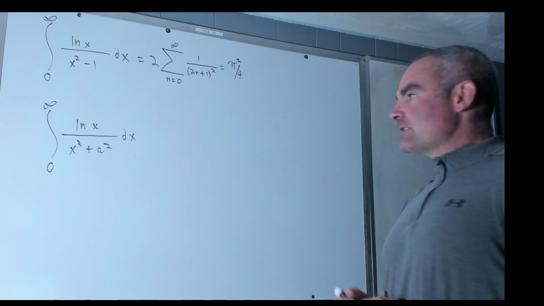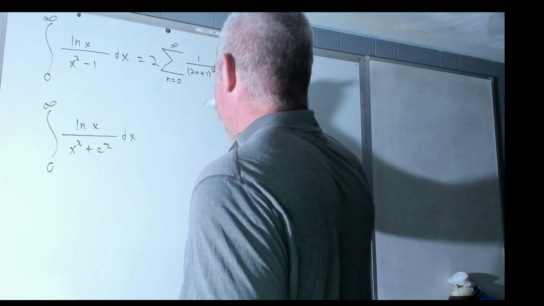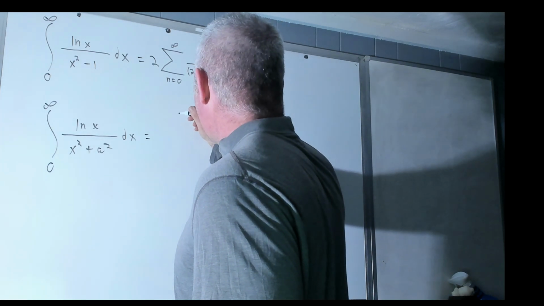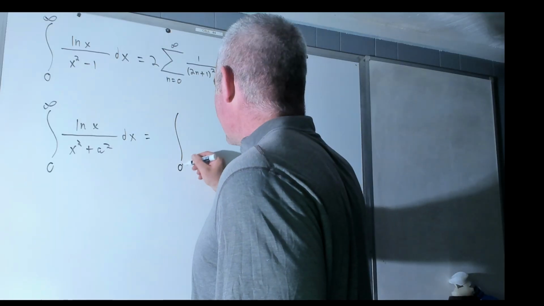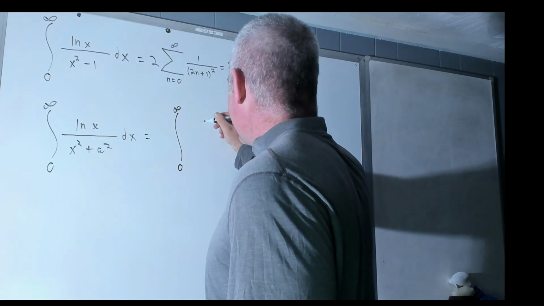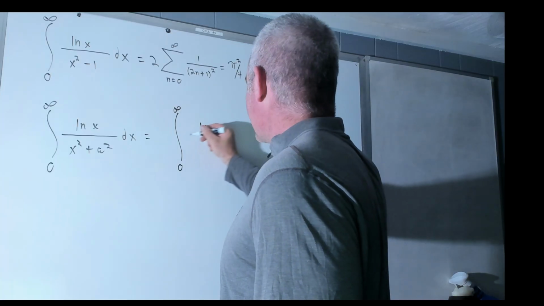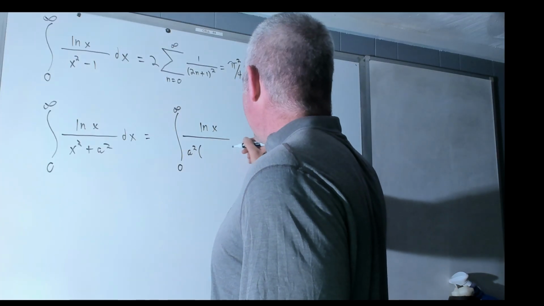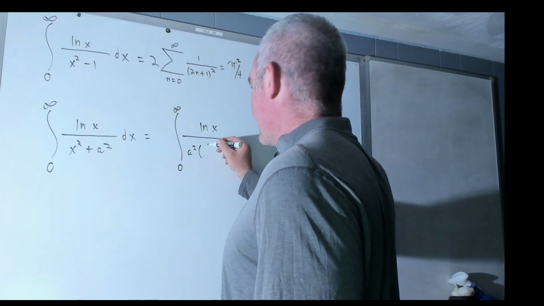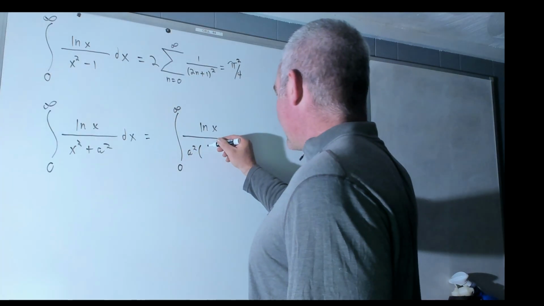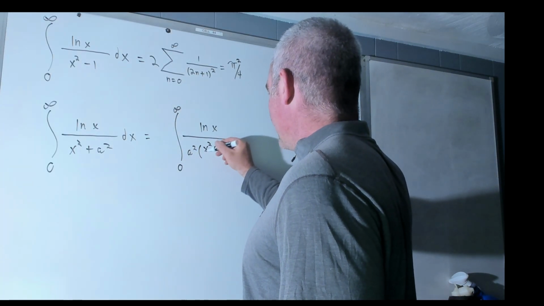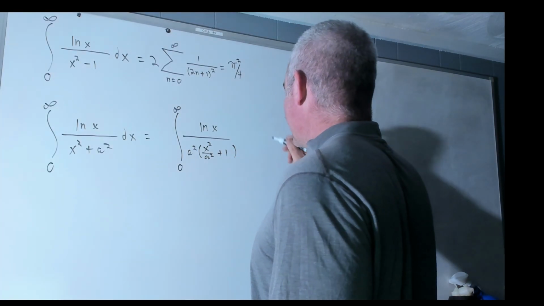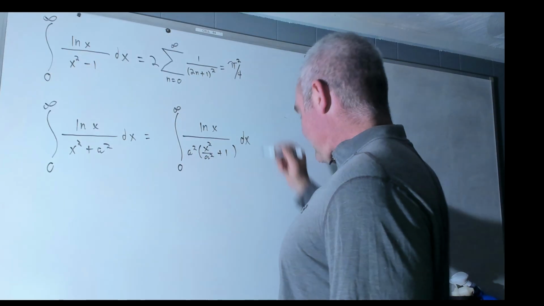So let's factor out an a squared in the denominator. If we do that, we'll do this carefully. We still have the integral from 0 to infinity, with natural log x up top, and we're going to factor out an a squared to get x squared over a squared plus 1 dx.